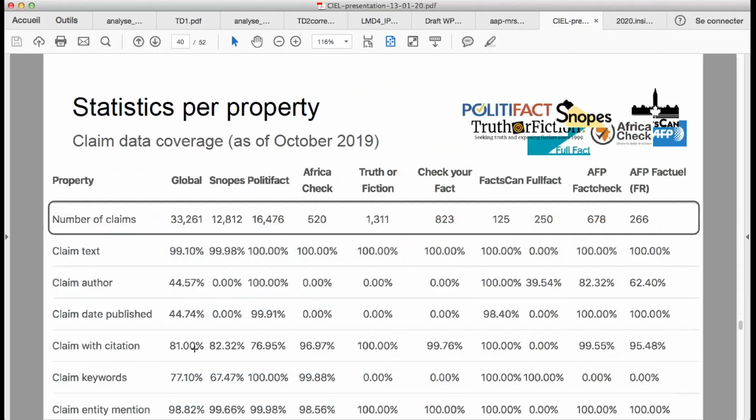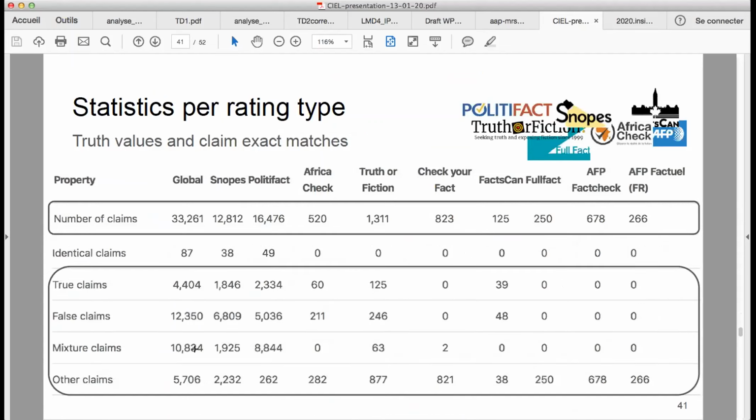Some statistics: currently, we have more than 30,000 claims in our knowledge graph. What I would like to point your attention to here is that we can see that our data is clearly unbalanced, meaning that there are way more false claims than true ones.